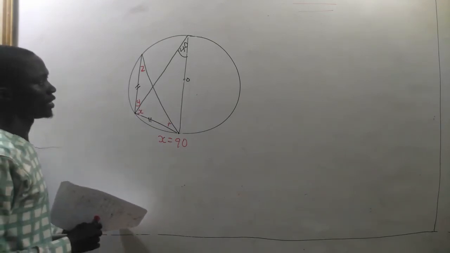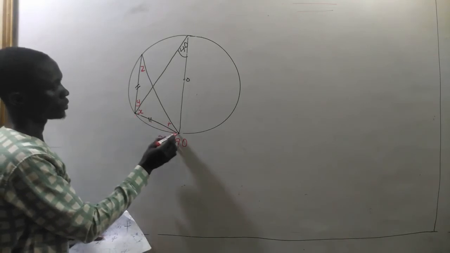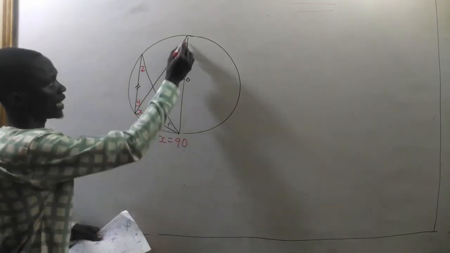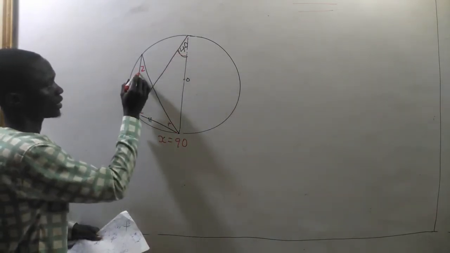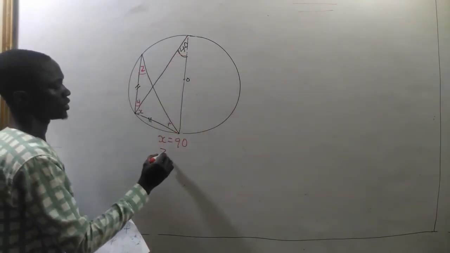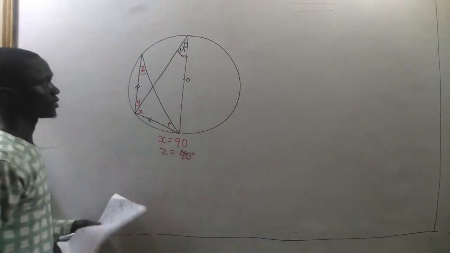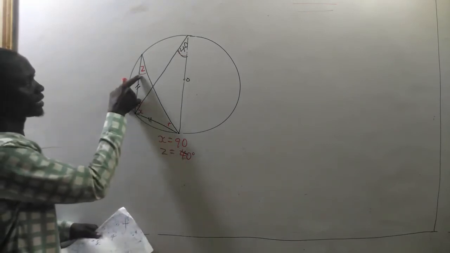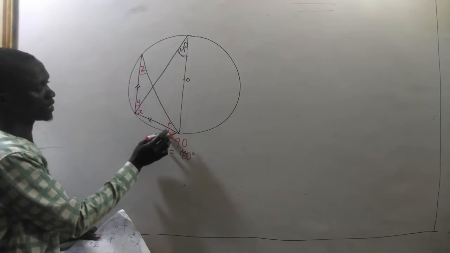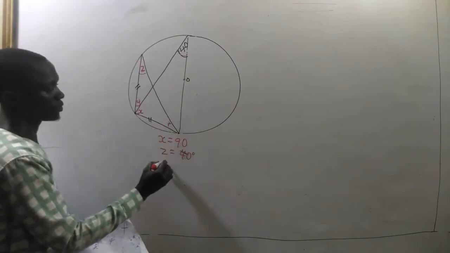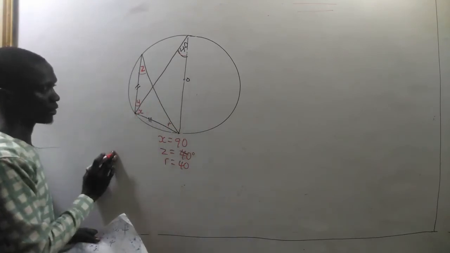And if you consider this chord, it subtends the angle 40 at the circumference, and the chord subtends angle z at the circumference. So z is equal to 40 degrees. Wow. So if we get z, this line is equal to this line, so the triangle is isosceles. So r is also equal to 40 degrees. That is base angles of isosceles triangle.